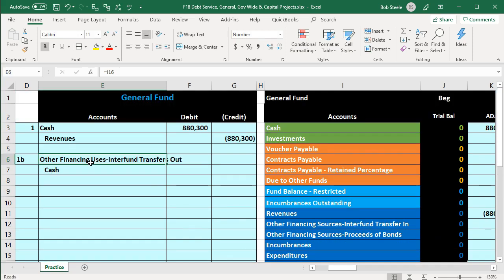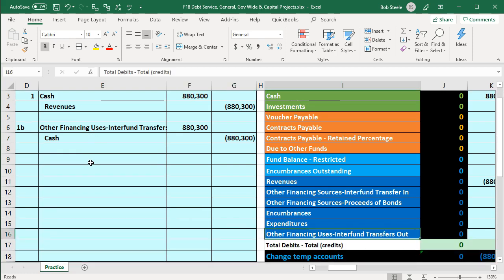So we're going to put it there, and notice again, we're tracking the flows that are happening. It's going out of this general fund into the debt service fund, and that's going to be for the same amount of the amount we received. So there we have that, and so we're going to record this in the other financing uses down here.